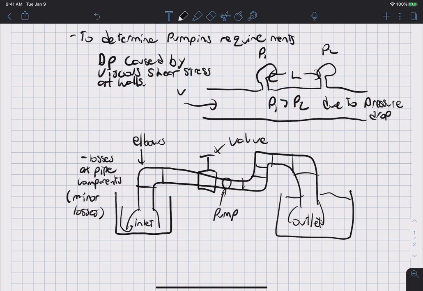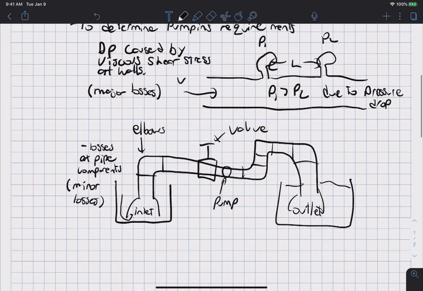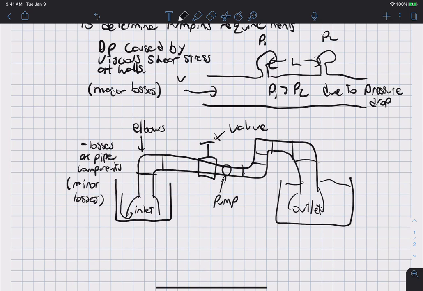And the delta P at straight sections of the pipe, just due to fluid friction at the wall, those are called major losses. And we'll get into why they're called major and minor losses. Okay, and so we will discuss these things in detail and learn how to analyze them for practical systems.